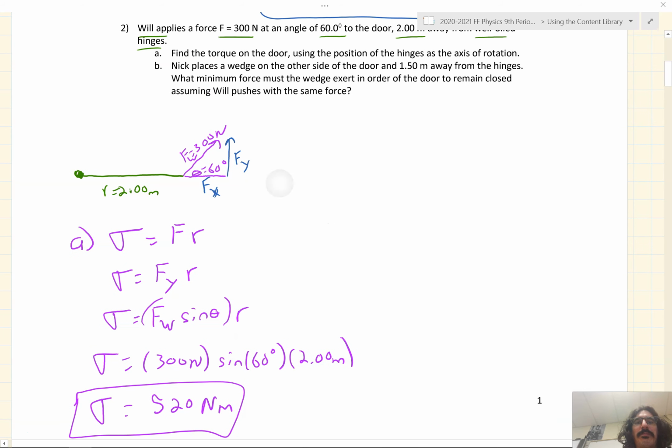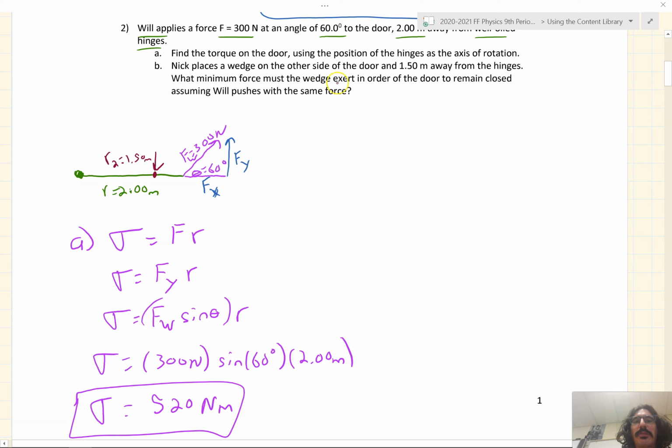Letter B. Nick places a wedge on the other side of the door 1.50 meters away from the hinges. So on the other side, let's put a dot right here, we have a wedge 1.5 meters away. Let's call it R2, D2.